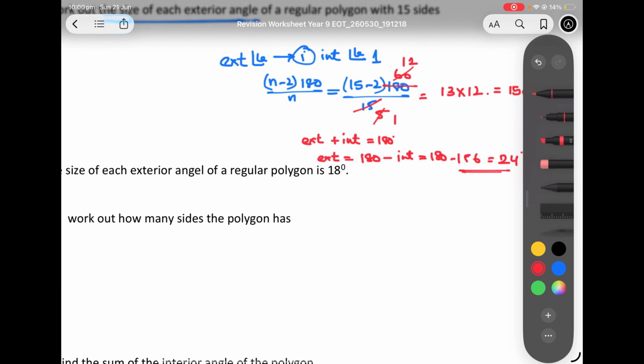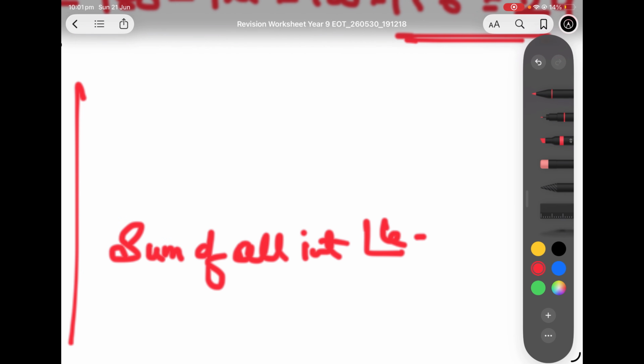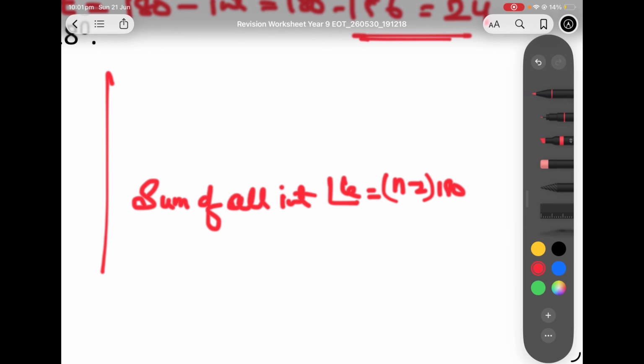There is one more point. And what is that point? The point is that the sum of all interior angles, the formula is n minus 2 times 180.